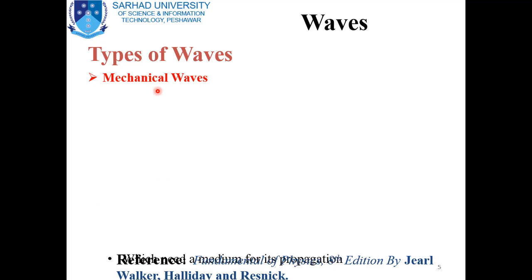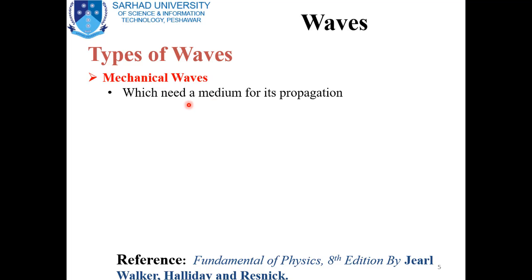Mechanical waves. Mechanical waves are those waves which need a medium for their propagation, and they are governed by Newton's laws, and they can exist only within a material medium. For example, wave in a string, wave on a water surface, and sound in air.